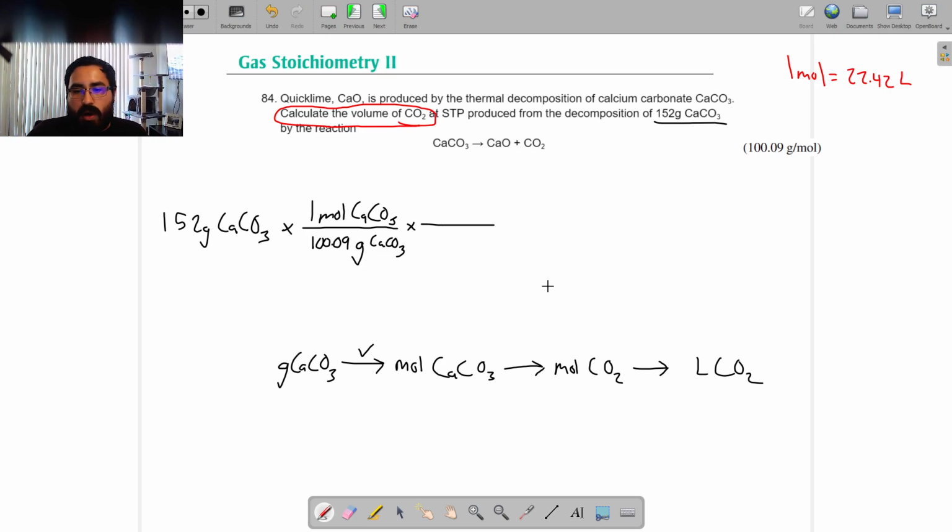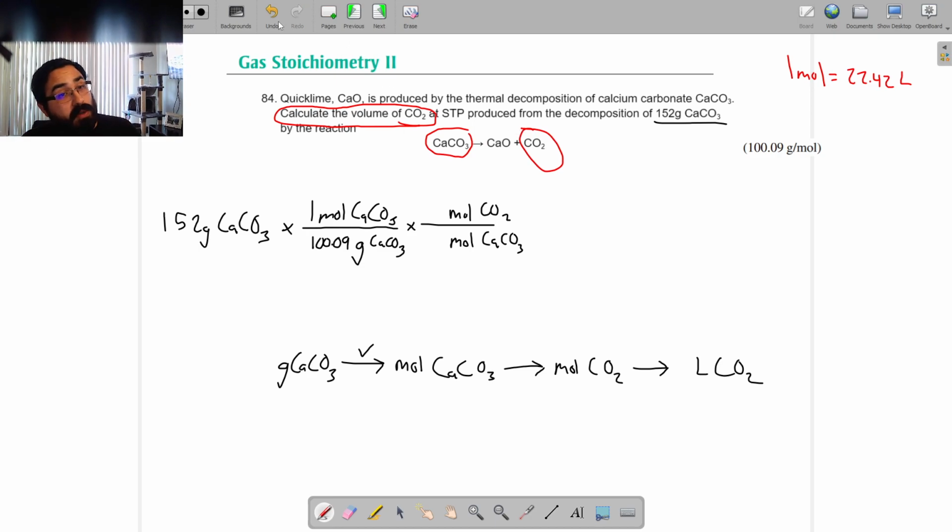Well, we don't want grams of CaCO3, so I'm going to put moles of CaCO3 at the bottom. How many moles? We don't know yet. But we want to go to moles of CO2, so moles of CO2 goes on the top. Whenever you have moles over moles, you have to look at the mole ratio. You have to look at the two things in your balanced chemical equation.